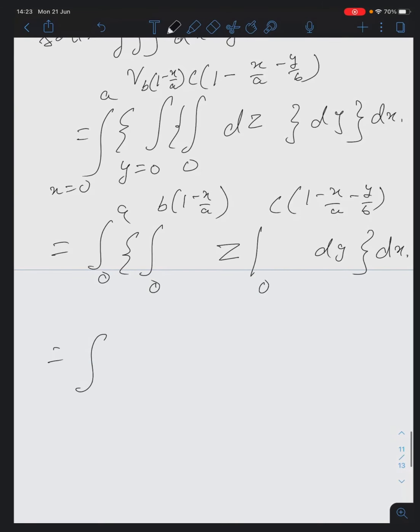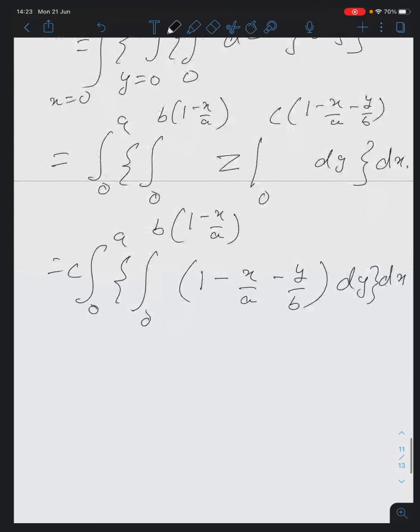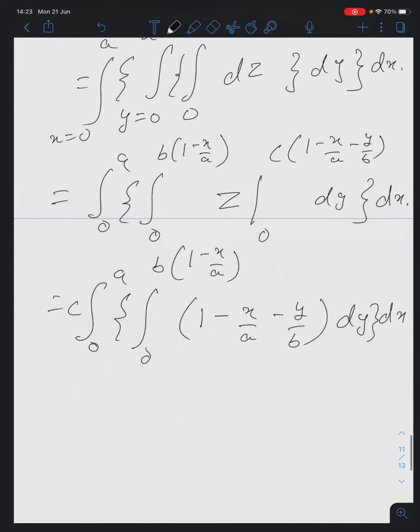When you substitute the limit, c constant I'll write out. For lower limit it will be 0, so it will be 1 minus x by a minus y by b, this function dy dx. Now tell me, once you have done the one integral with respect to z, whatever you have got is a double integral. And is it not the same double integral you have solved before?